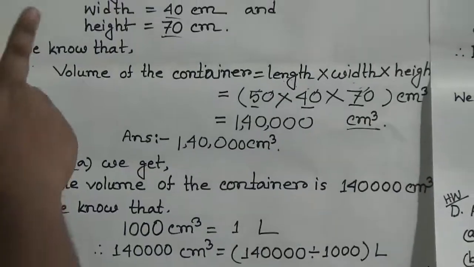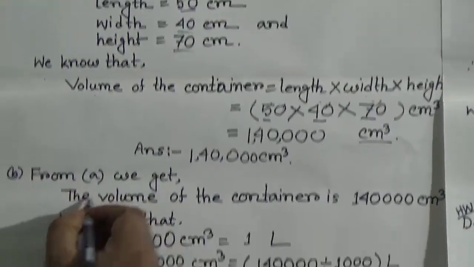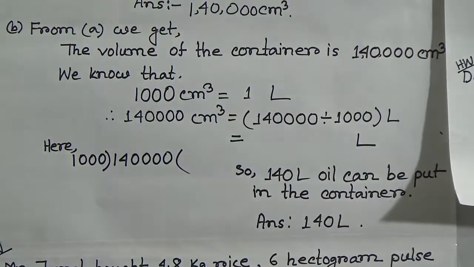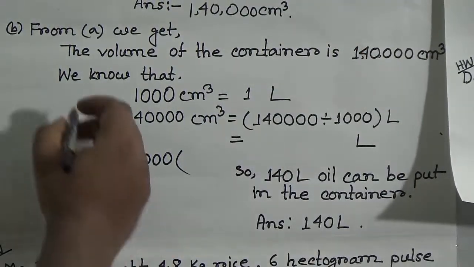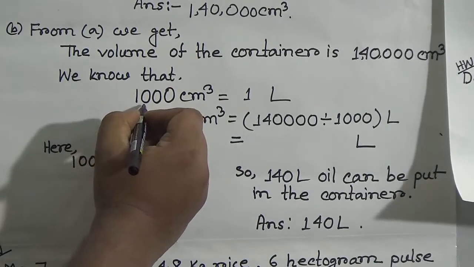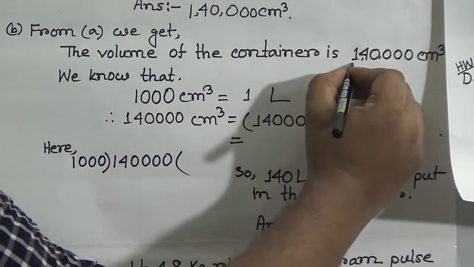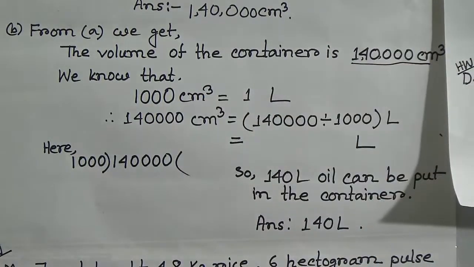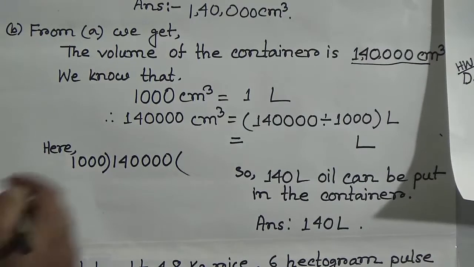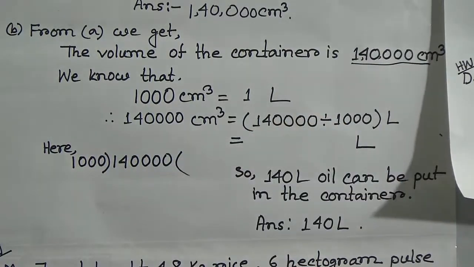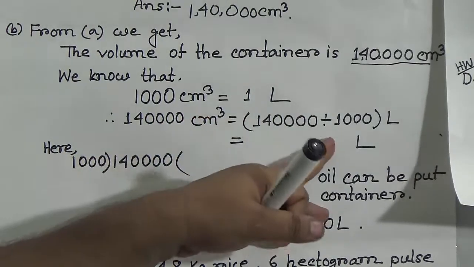So from question A we get the volume of the container is 1,40,000. So now we know that 1000 centimeter cube equal 1 liter. Next we want to convert this 1,40,000 centimeter cube into liter. So we divide 1,40,000 by 1000 and we get the volume of the container.